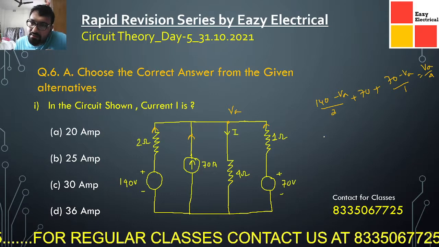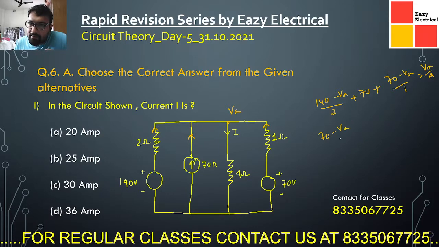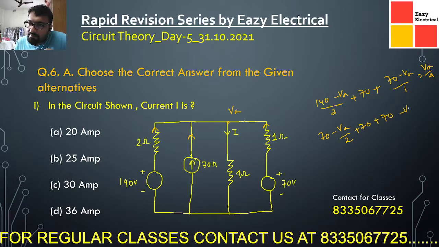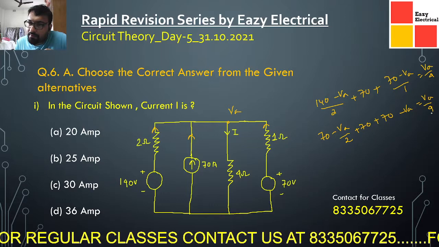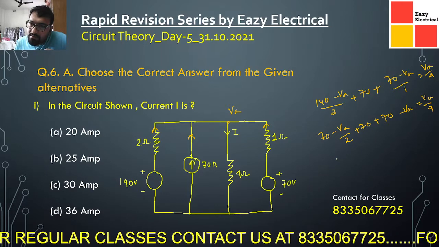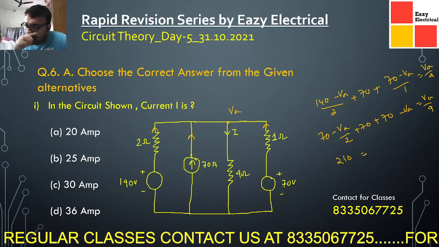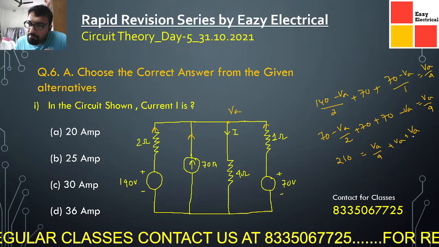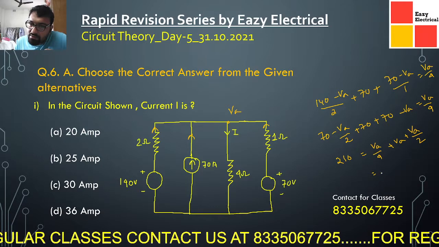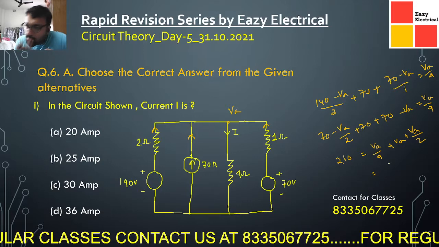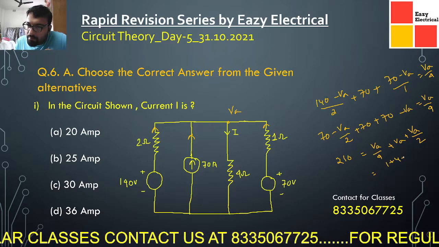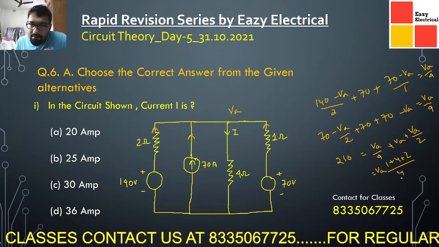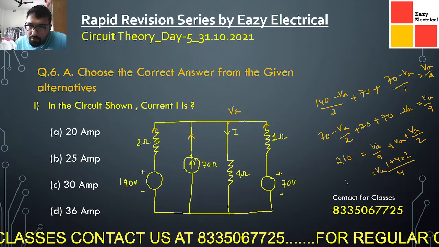Okay, so VA by 4 we need to calculate. From this you can say 70 minus VA by 2 plus 70 plus 70 minus VA is equal to VA by 4, right? If we take all of them on that side, here you can get 210, that is equal to VA by 4 plus VA by 2. Now what will come out to be 1 plus 4 plus 2 divided by 4 VA, so this is 7 VA by 4, so 210.